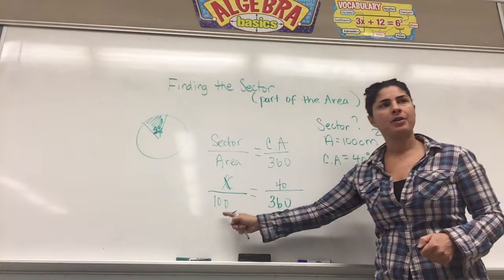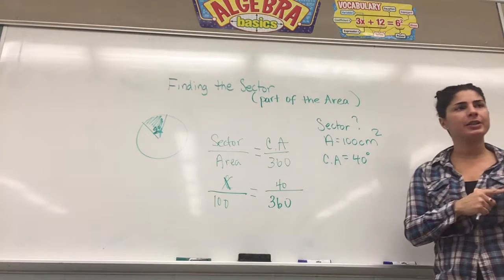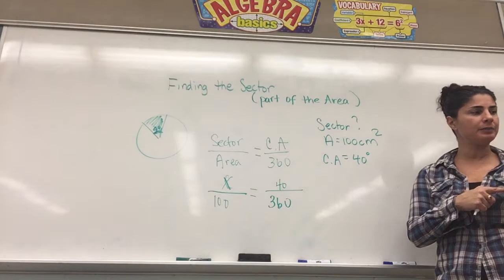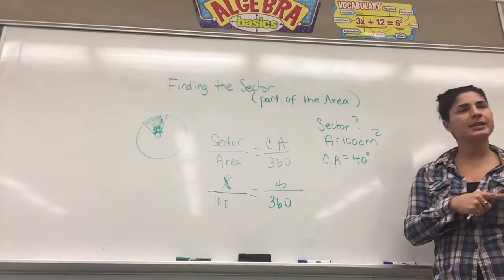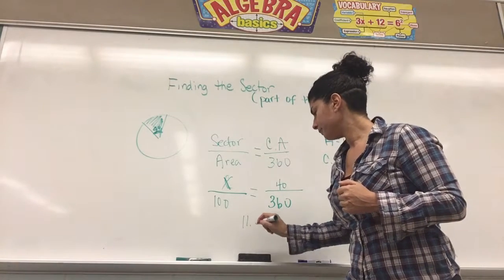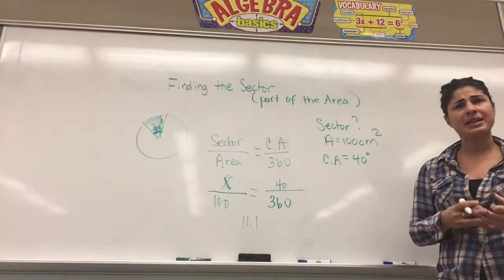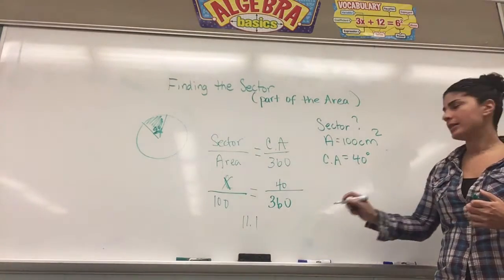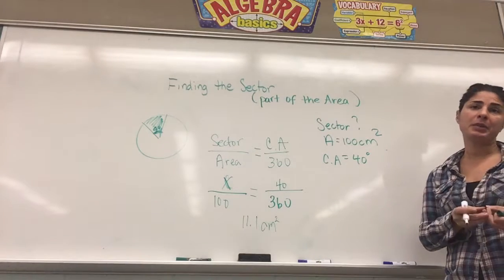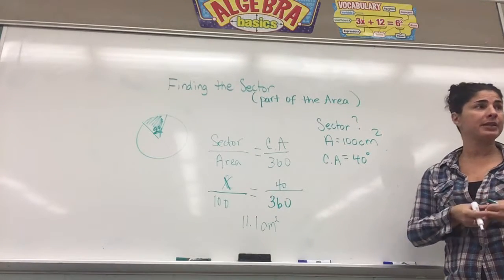Cross multiply and divide. So take out your calculators, do 40 times 100 divided by 360, and we get 11.1. Is that going to be in centimeters? Yeah, centimeters squared actually, because it is area. It's area of the piece of the pie, area of the piece of the circle.